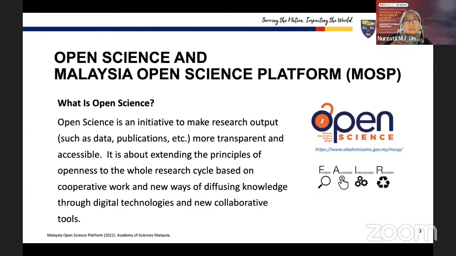So there must be a way for us to not just share data per se, but also to manage this data to make it shareable with those stakeholders. So in Malaysia, we have the pilot project Malaysia Open Science Platform, MOSP.